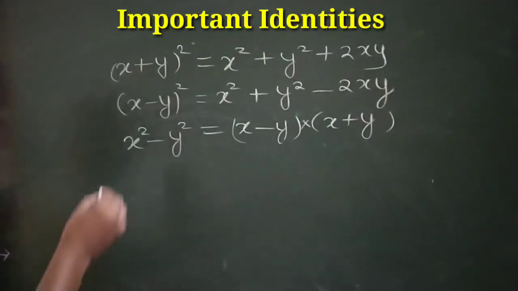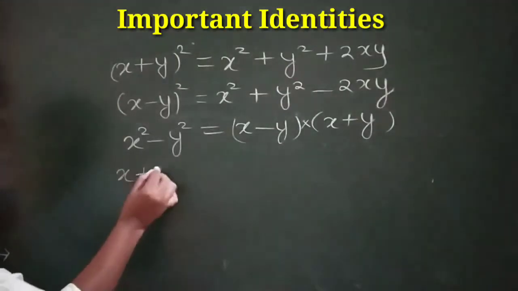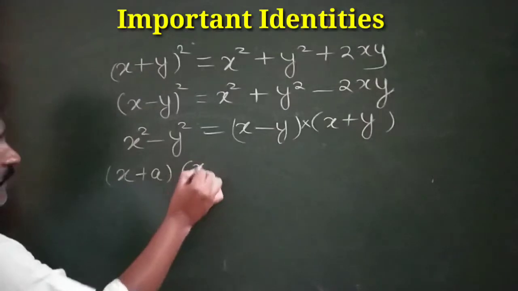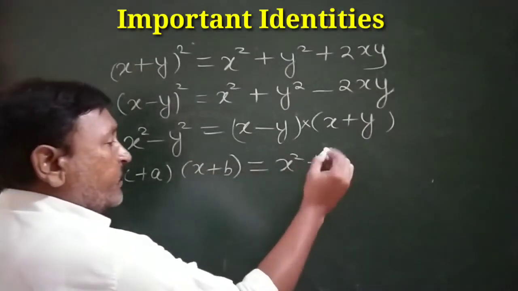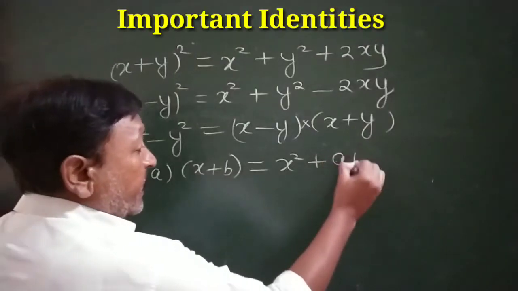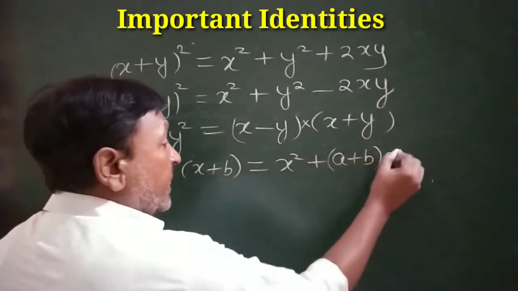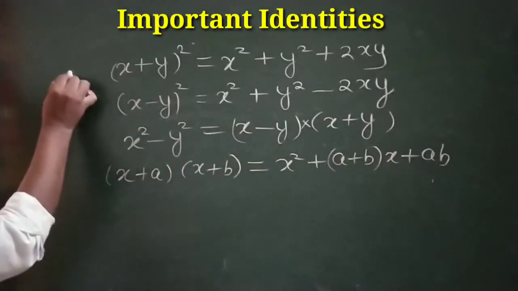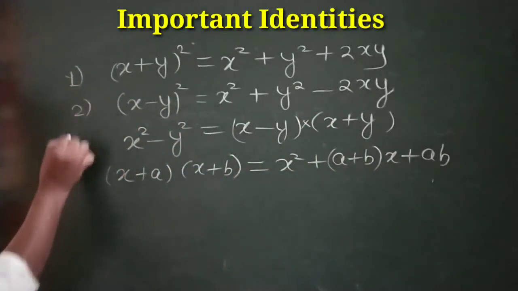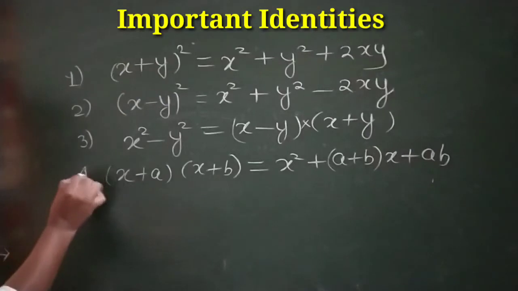Okay. One more identity, (x plus a)(x plus b). Its answer is x square plus (a plus b)x plus ab. So I had told you 4 identities: first, second, third, fourth.